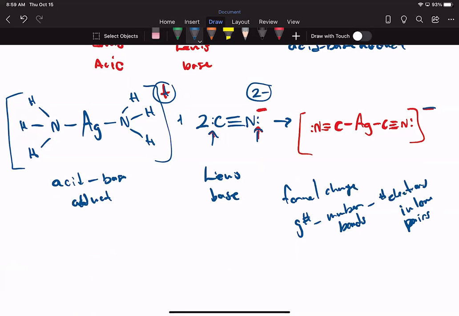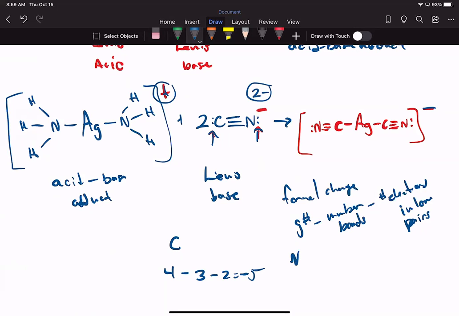So here, if we take carbon's in group number 4, minus the number of bonds, minus the number of electrons, or how many lone pairs it has, equals -1.